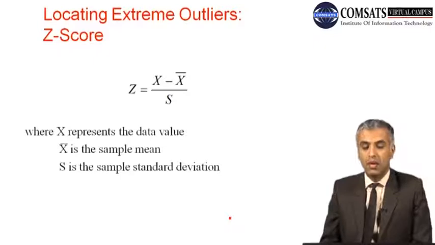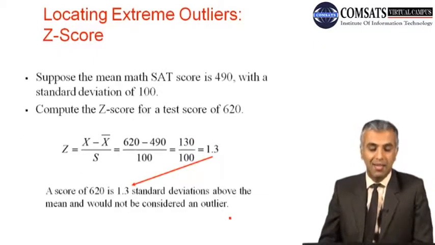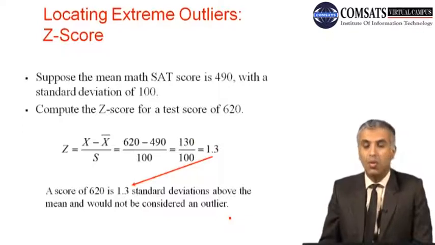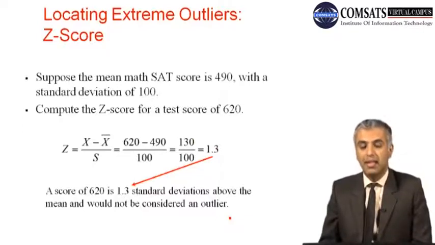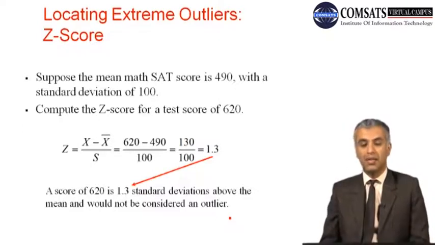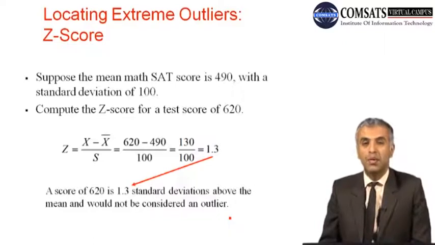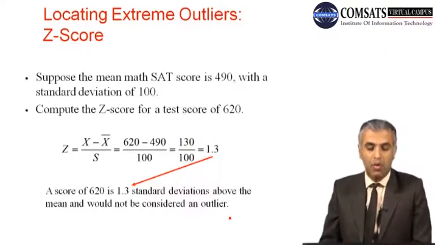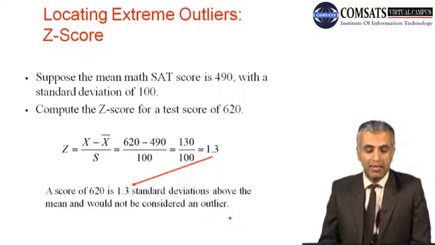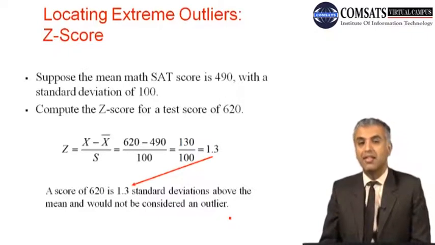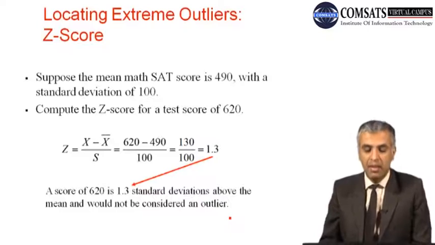So going ahead with that, there's just an example that let's say if we have got a mean SAT score of 490 and with the standard deviation of 100, we have to calculate the Z-score. So all what we have to do is to put the values in the Z-score formula, and we get the value of 1.3 standard deviation above the mean.